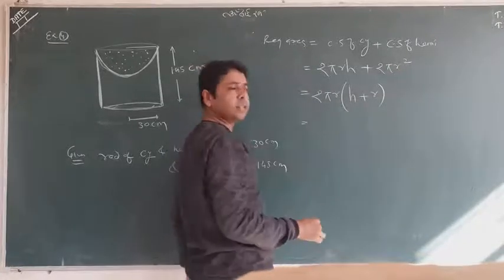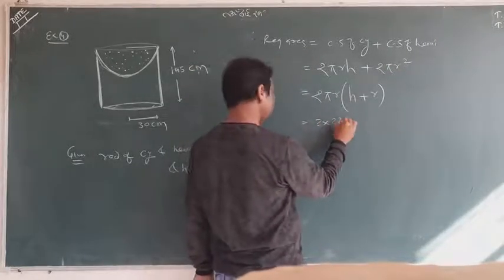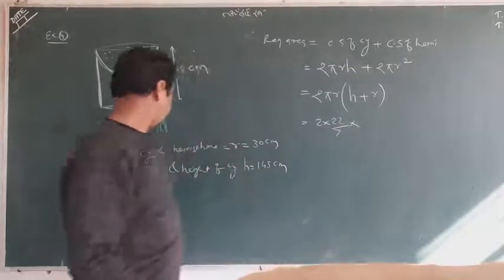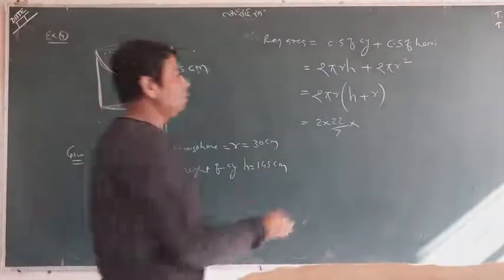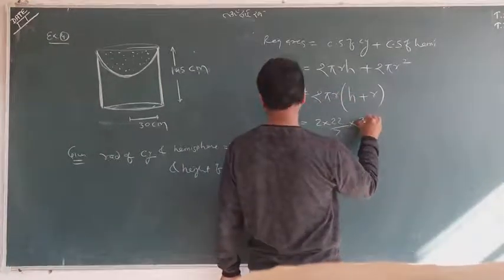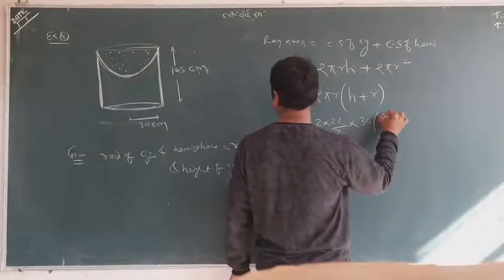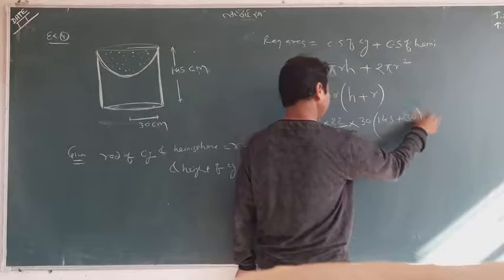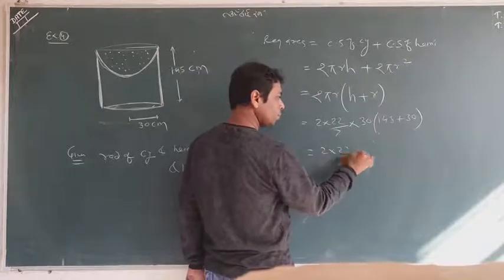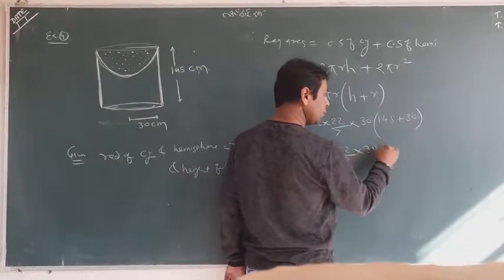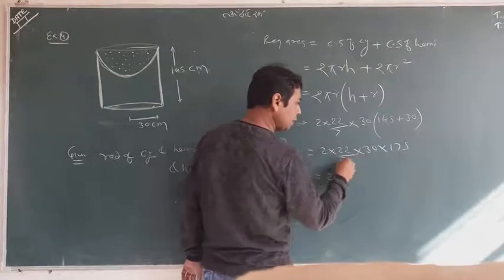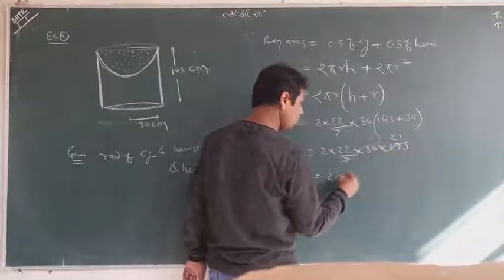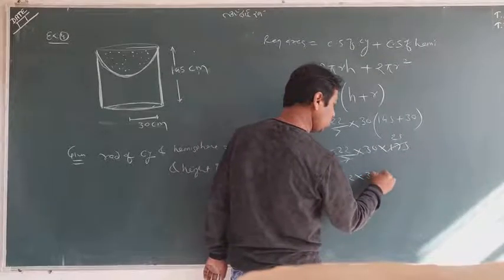Now go with the answer. 22 by 7, yes, it is given as 22 by 7. r is equal to 30, h is equal to 145, and r is equal to 30. Now cancel by 7. You have 22 into 30 into 25.